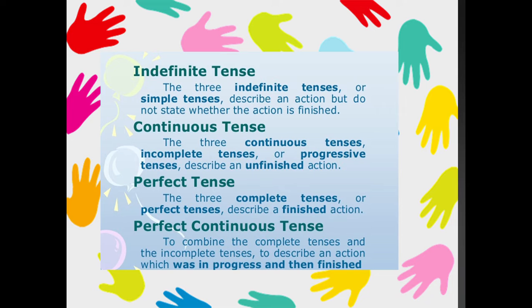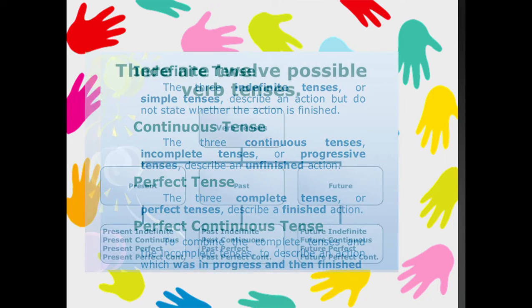Perfect tense, the three complete tenses or perfect tenses, describe a finished action. Therefore it is called a perfect tense. Perfect continuous tense combines the complete tenses and the incomplete tenses to describe an action which was in progress and then finished, either in past, present, or future.